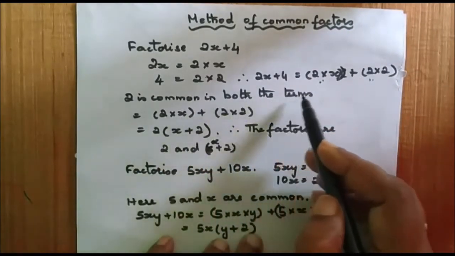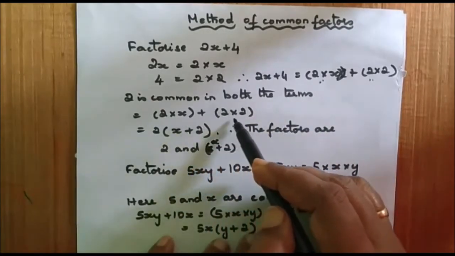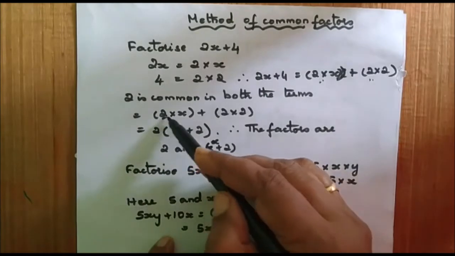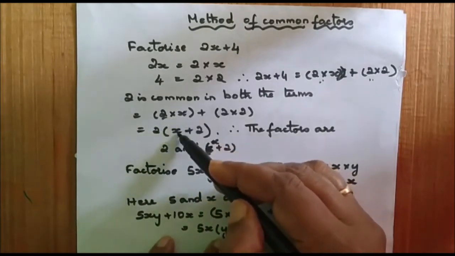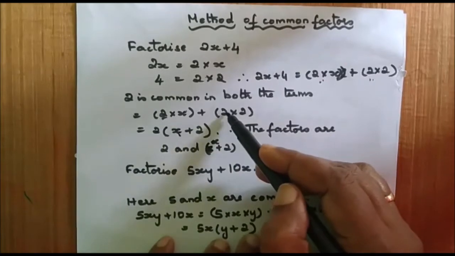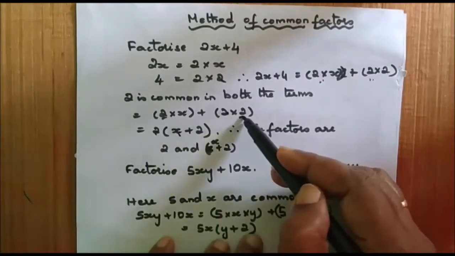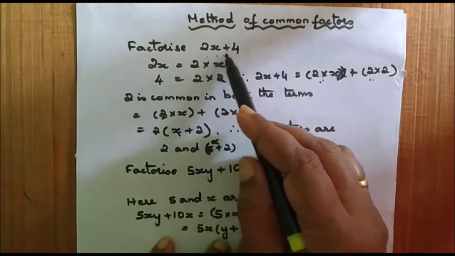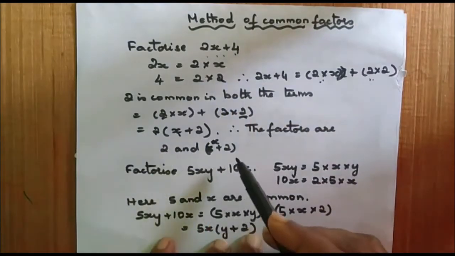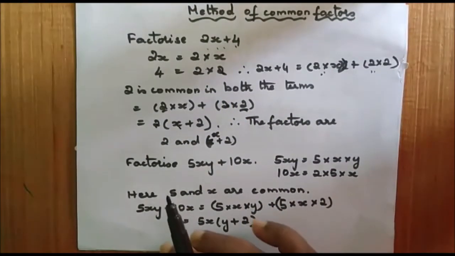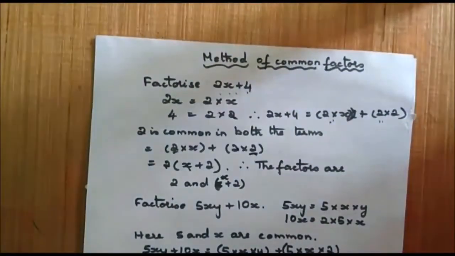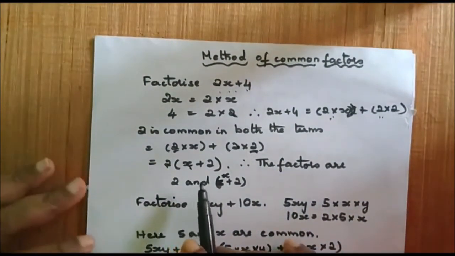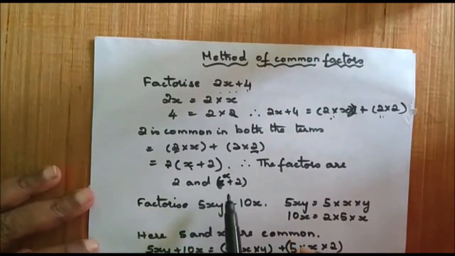When I take 2 out, x remains, so I write x here. When I take a 2 out of the other term, another 2 is remaining, so it is x plus 2. So what are the factors of 2x plus 4? It is nothing but 2 and x plus 2. I hope you got how we did this. So it is 2 into x plus 2. That is the factorization of this expression.